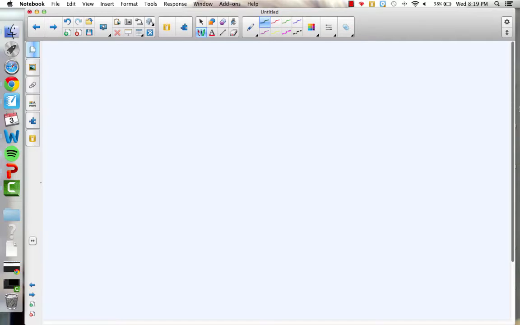The next part is if we're going to add or subtract roots and radicals. So the rule for this one basically is that they have to have the same index.